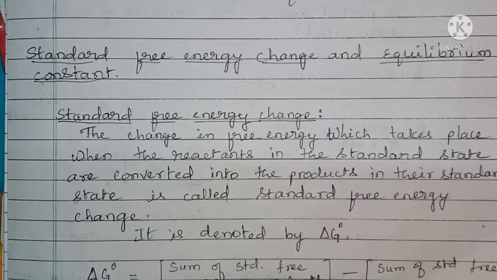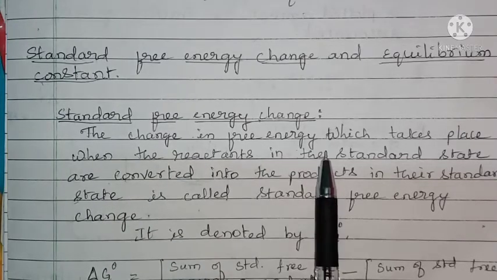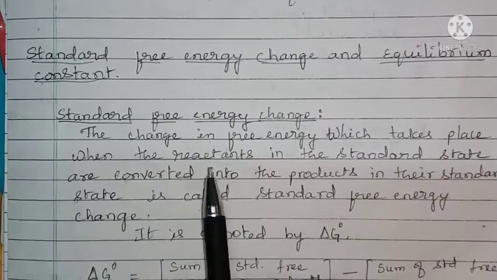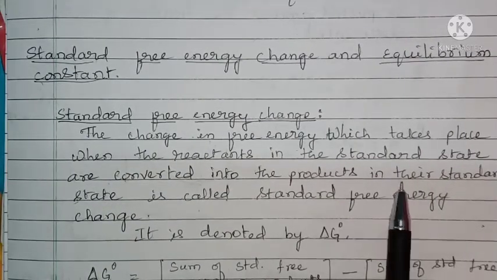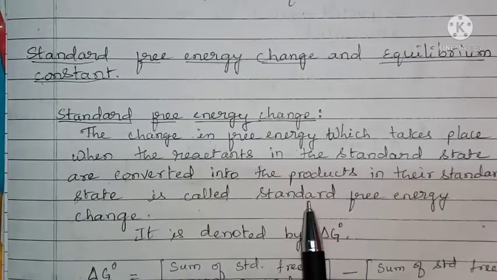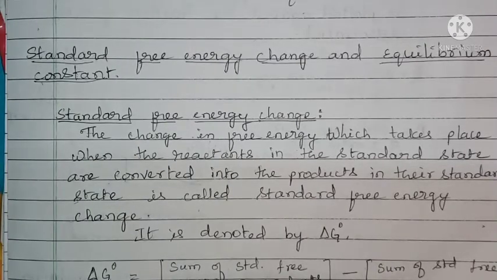Okay, standard free energy change. The change in free energy which takes place when the reactants in the standard state are converted into the products in their standard state is called standard free energy change. Whenever a reaction occurs, the reactants are in their standard state, that is, the temperature is 298 Kelvin and pressure is 1 atmosphere or 1 bar.